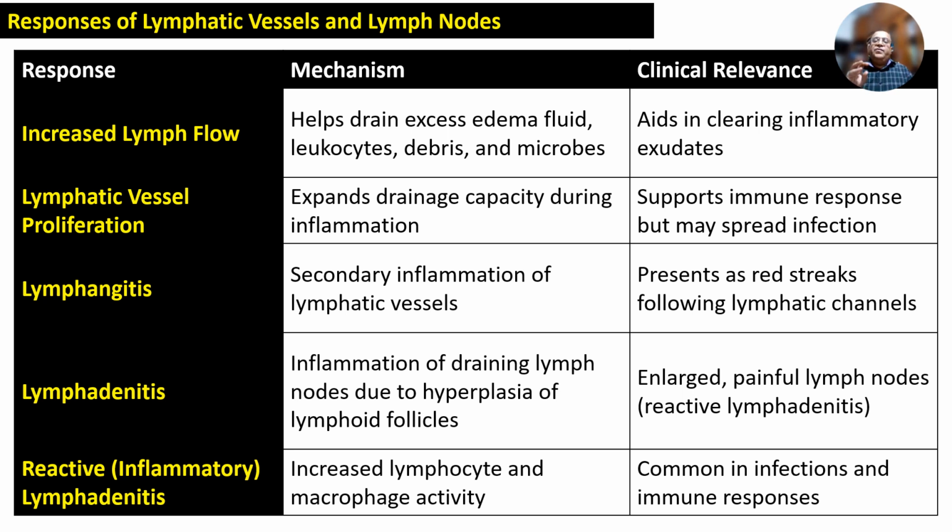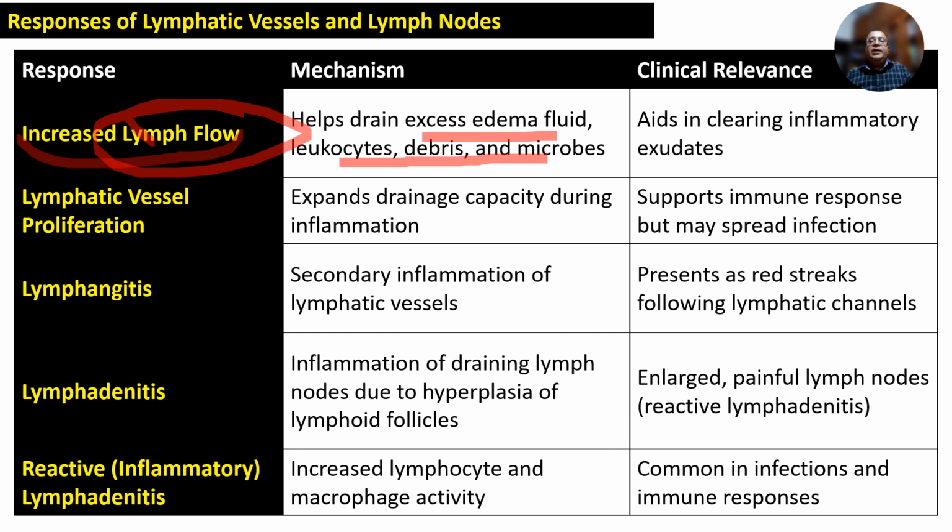As there is vascular leakage and damage to the endothelium, there is development of more lymphatic fluid. So there is increased lymph flow, and this increased lymph flow drains excessive edema fluid, leukocytes, debris, and other microbes. So this is a very important mechanism for clearing away the exudate that is formed.